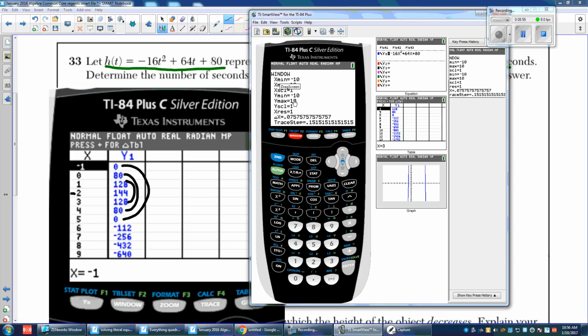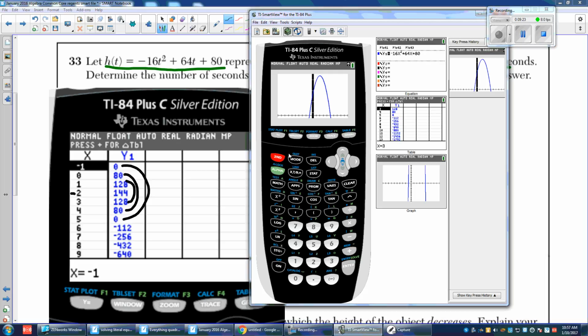So the y max, I'm going to go to 150, just a little bit higher than 144. And when I graph it, it appears that the maximum height is 144.